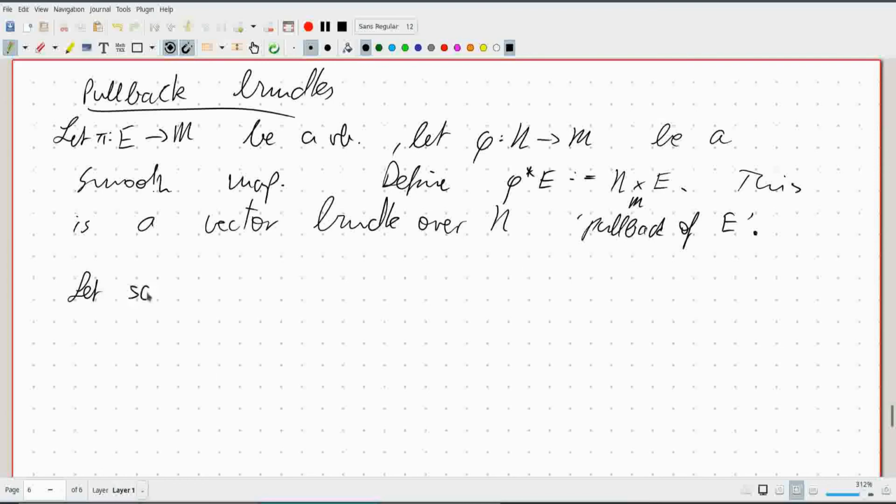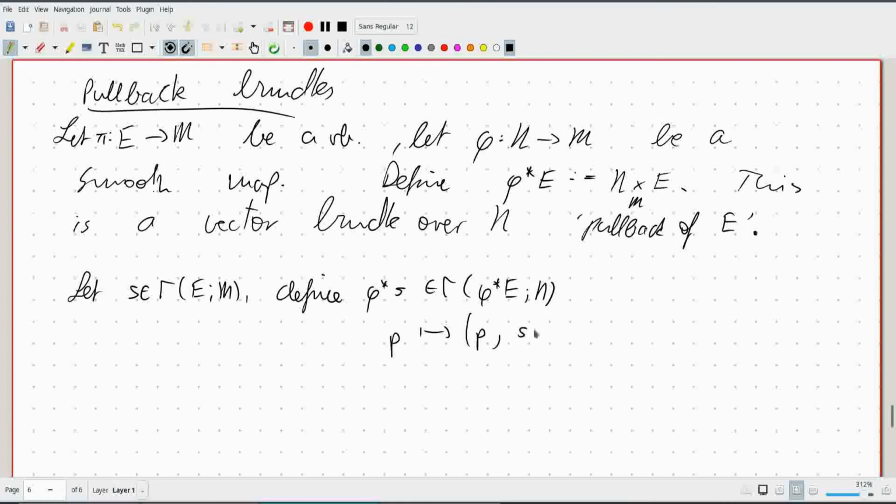Let S be a section of E. Then we can define phi star S as a section of phi star E on N. So it should be a map from N to phi star E. What does it do? It maps a point P in N to, well, the point itself should lie over the point P, and then what in E? Well, that's just S of phi of P.